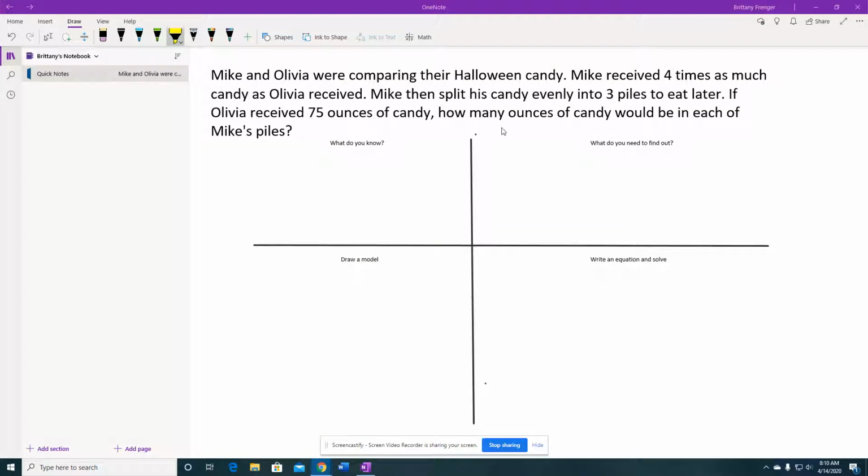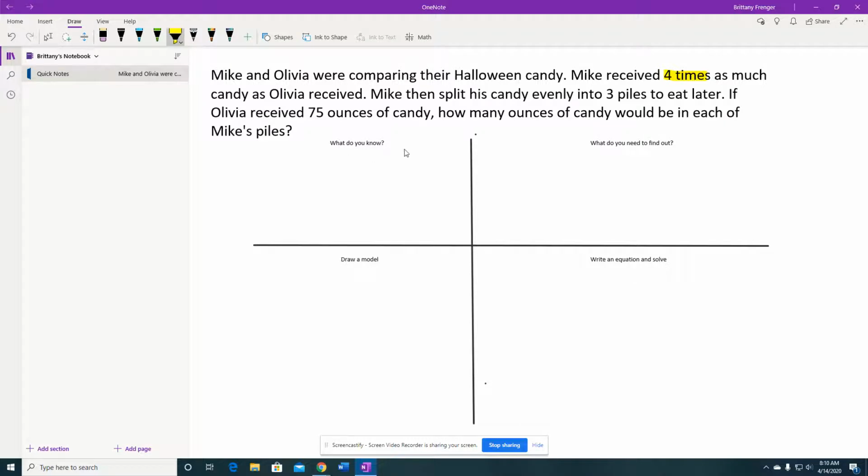That's a lot of information, so we have to break it apart sentence by sentence so we can really understand what the question's asking us and the information given. Mike and Olivia were comparing their Halloween candy. Okay. Mike received 4 times as much candy as Olivia received.